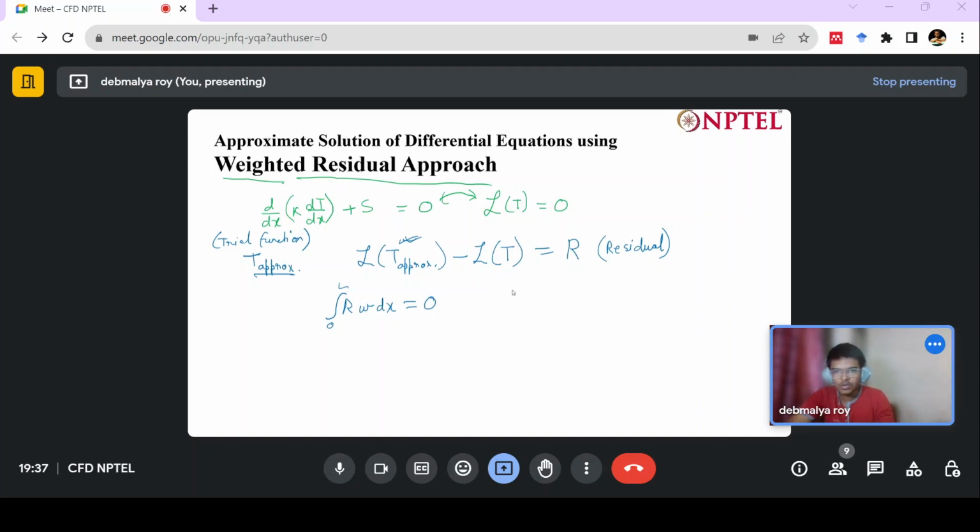So here two things are needed to further use this method. One is this tapprox, another one is this w. So tapprox is the trial function, and w is called the weighting function.